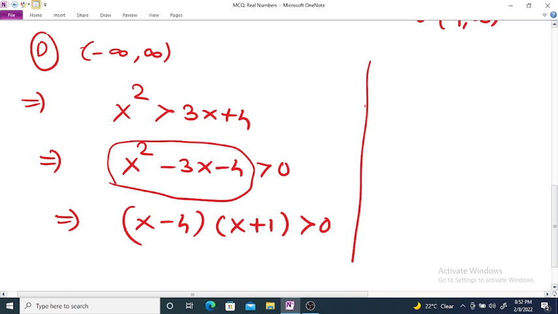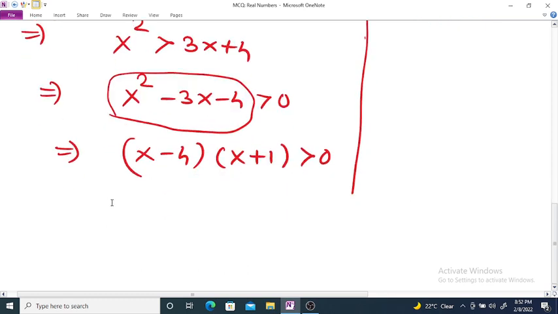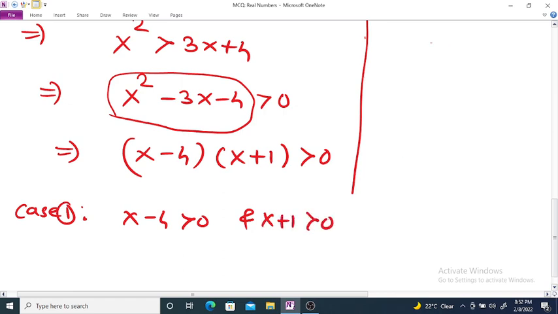Now, the product of two terms is greater than 0 if, case one, x minus 4 greater than 0 and x plus 1 greater than 0, or case two, x minus 4 is less than 0 and x plus 1 is less than 0.